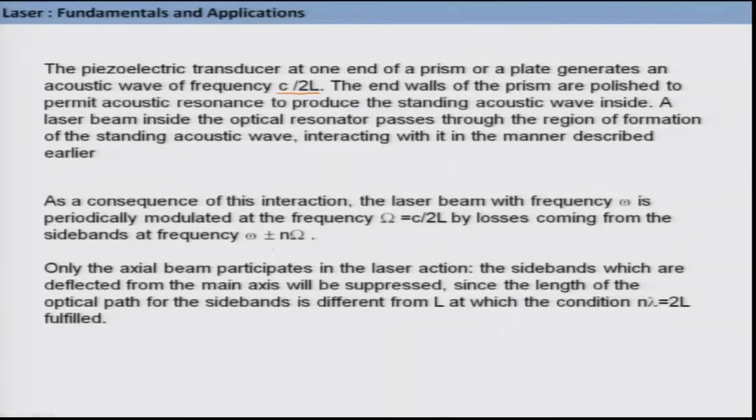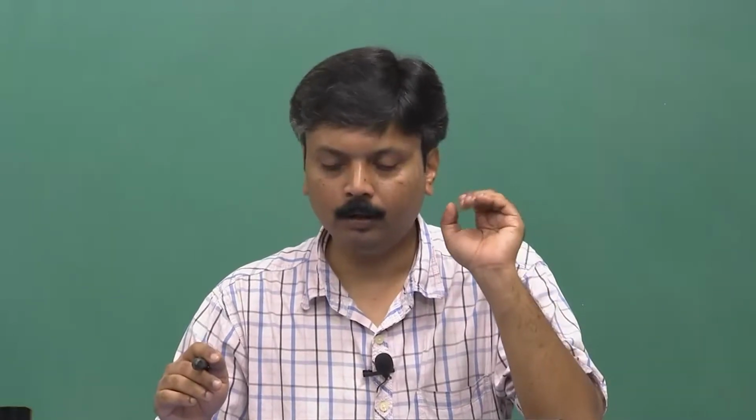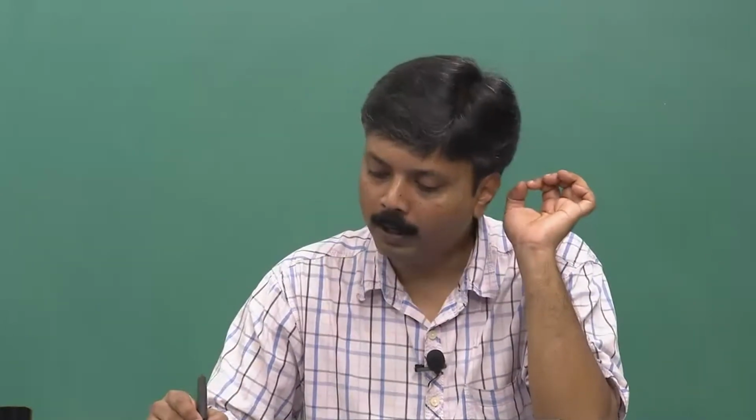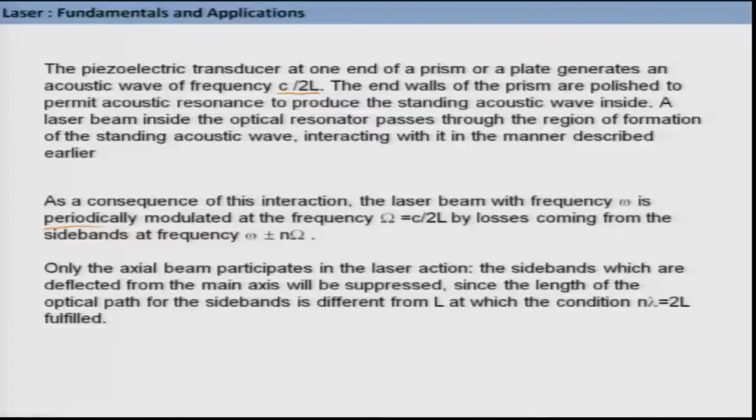As a consequence of this interaction of the laser light coming from the active medium and the acoustic sound wave passing through that prism or glass plate made up of fused silica and attached to an acoustic modulator, the laser beam with the frequency omega is periodically modulated at the frequency capital omega. We know that. So, this will happen at the expense of the side bands.